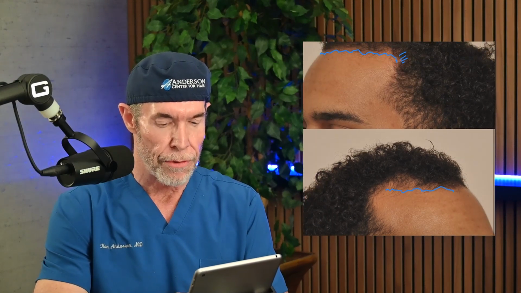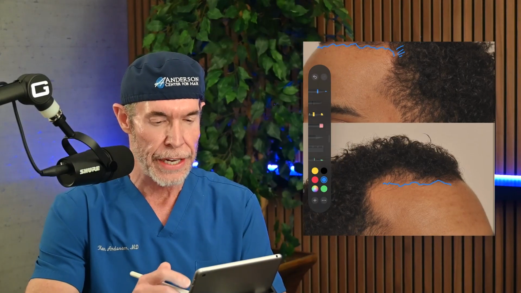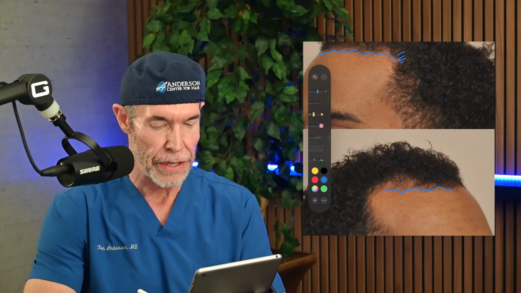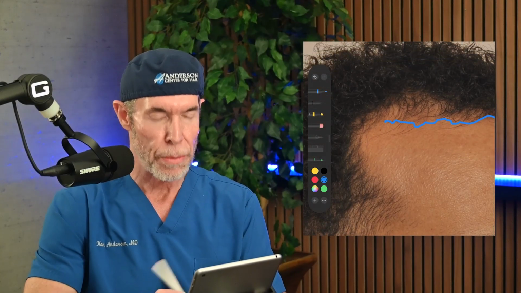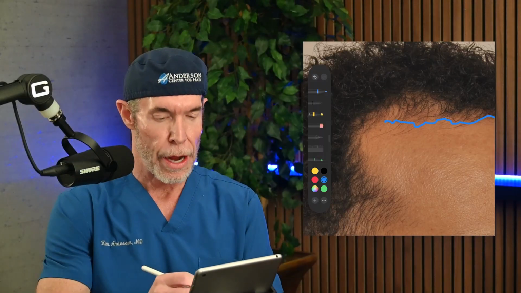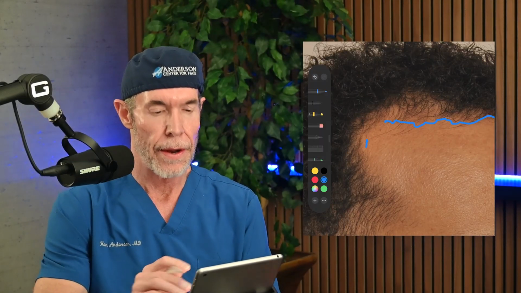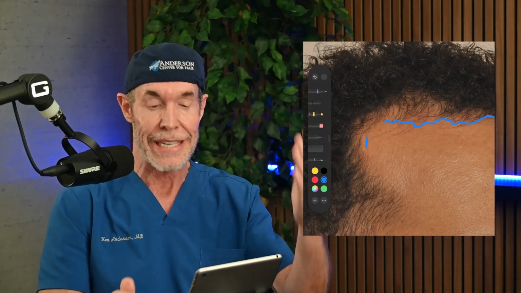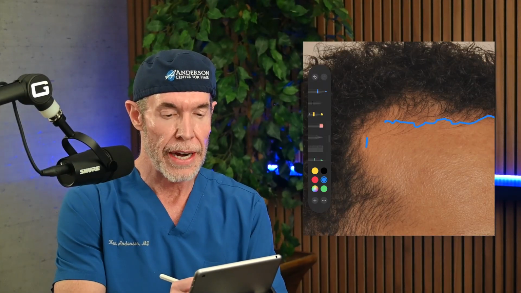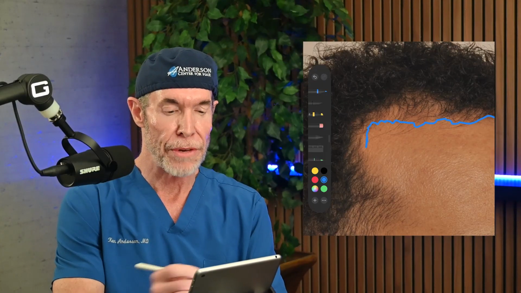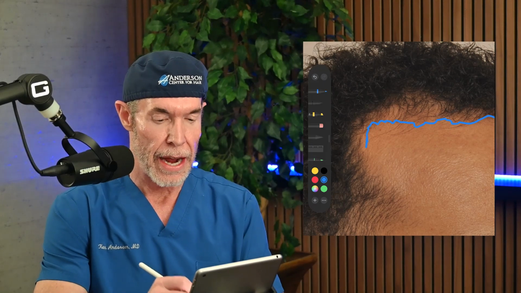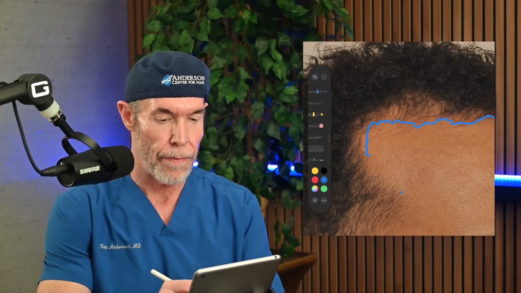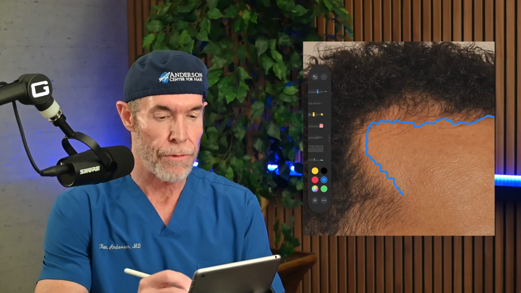But we're going to want to bring it forward a little bit from the back. One of the interesting things is that if we look way at the bottom of this, let's blow it up a bit, the anterior part of his sideburn, when you go straight up from the sideburn, should be about equal to where the temporal recession should end. And so we'll come around here, and then we'll come as far back as that line drawn up from the sideburn. And then I would want to fill in a little bit.